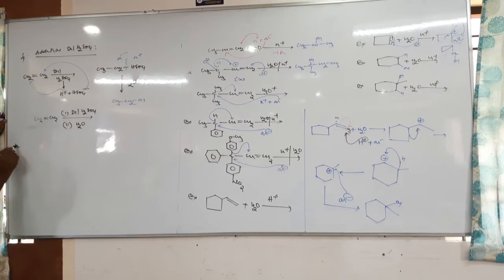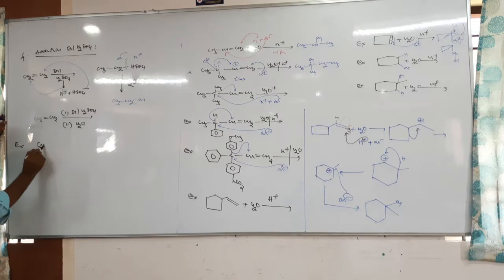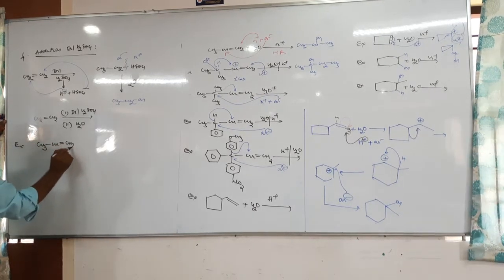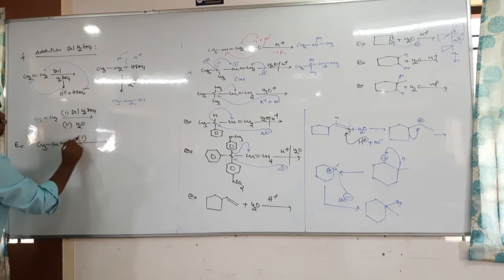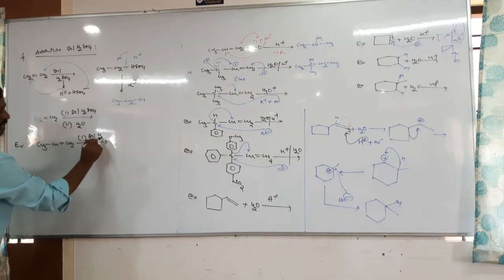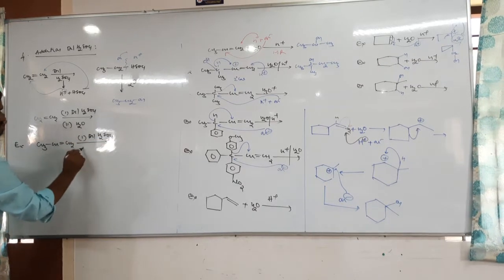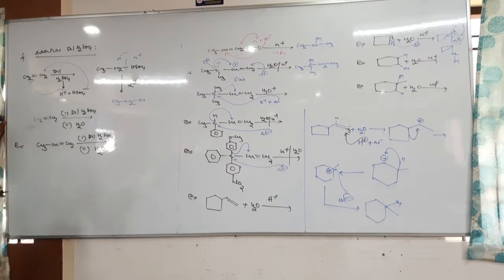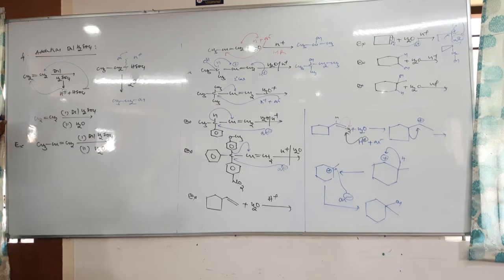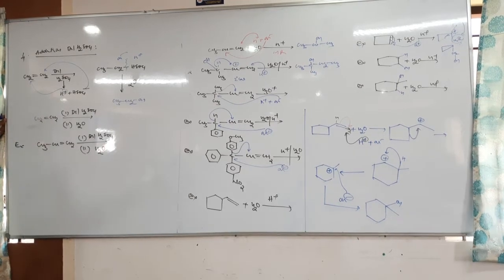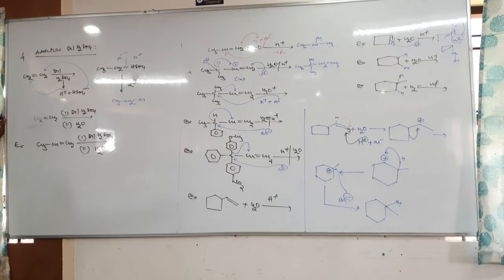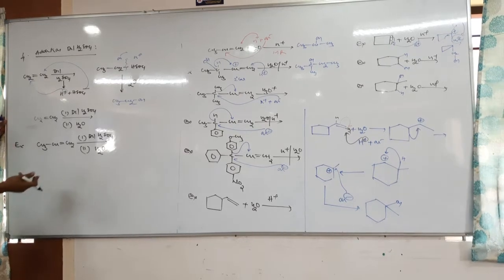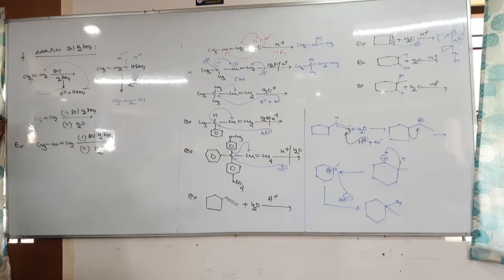Next, complete the reaction: CH3 CH double bond CH2 with dilute sulfuric acid, hydrolysis. Sometimes they do not even mention water. It is understood. Dilute means there is water. So you just write according to Markovnikov rule.